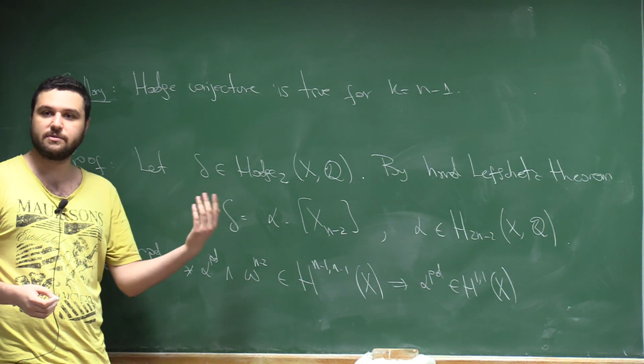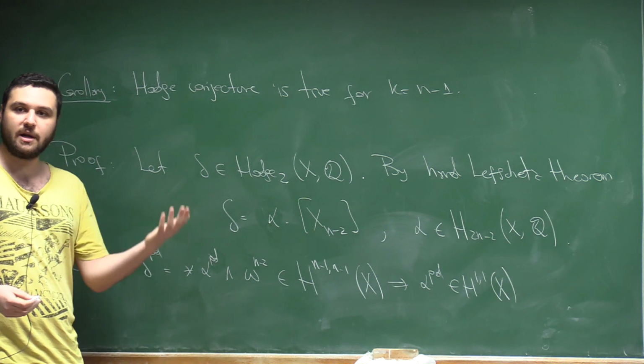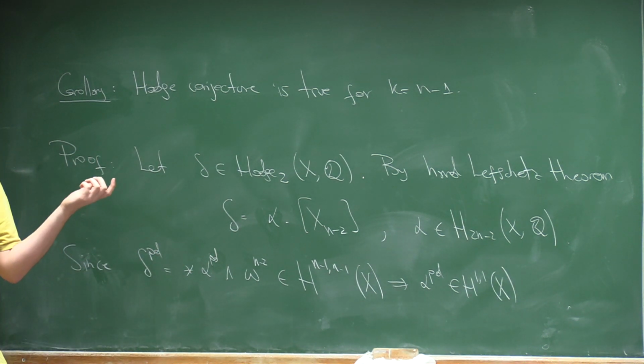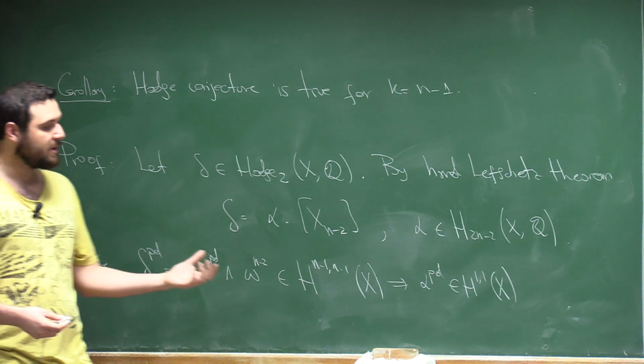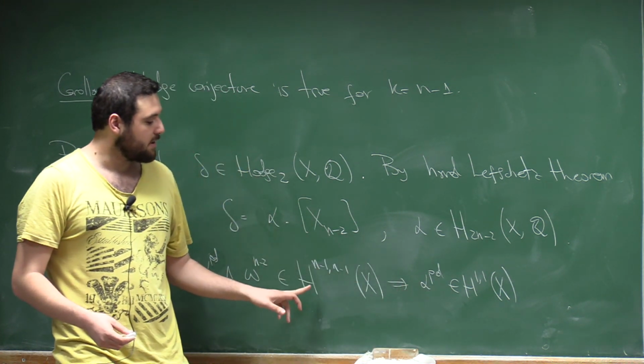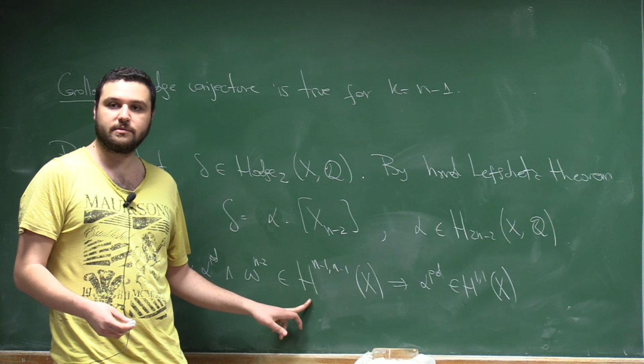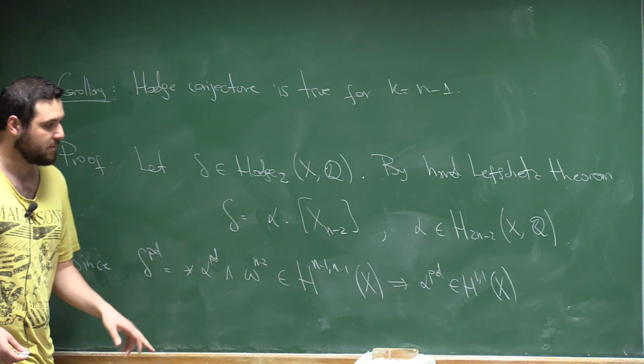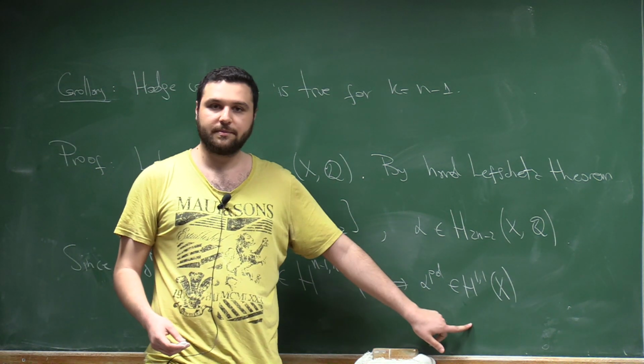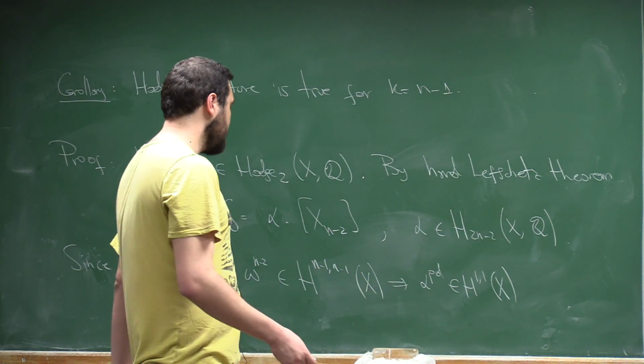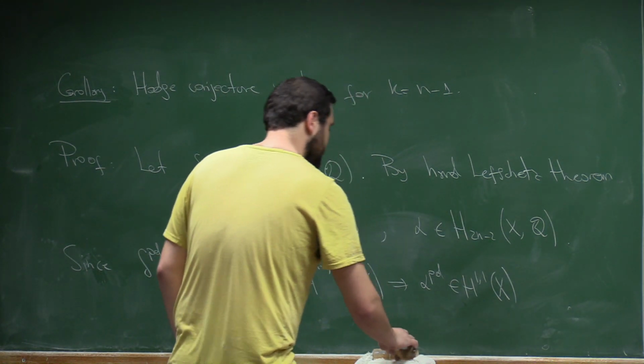The Lefschetz operator is an isomorphism, and I already proved that it commutes with the Laplacian. So it gives you an isomorphism between H^{1,1} and H^{n-1,n-1}, right? So this guy must be here in H^{1,1}. And so alpha is Hodge, right?